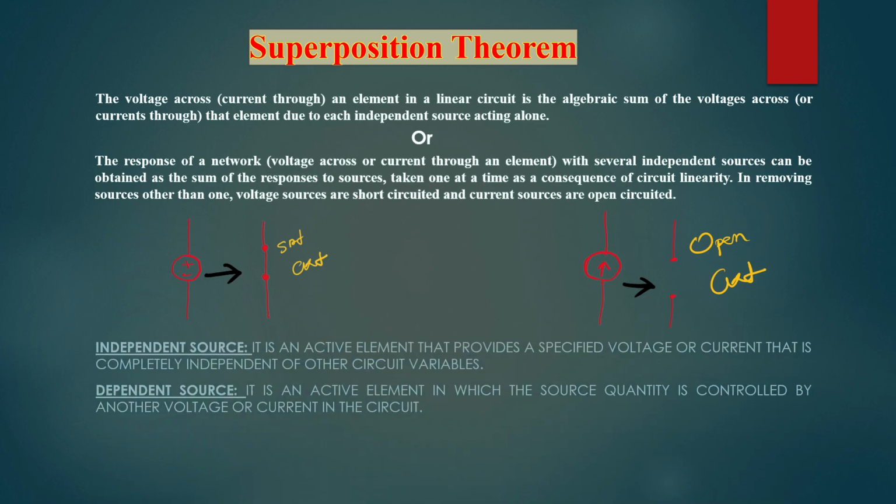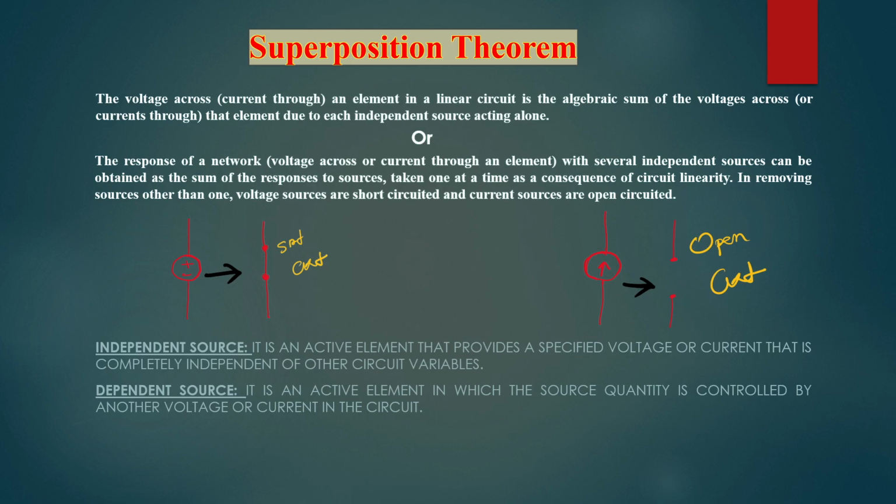So let's understand what independent sources and dependent sources are. An independent source is an active element that provides a specified voltage or current that is completely independent of other circuit variables. A dependent source is an active element in which the source quantity is controlled by another voltage or current in the circuit.